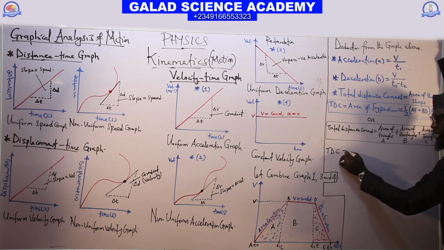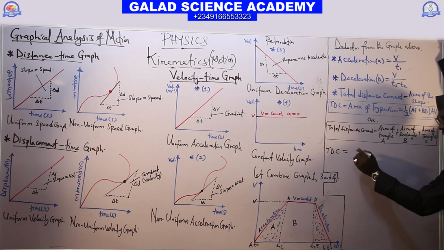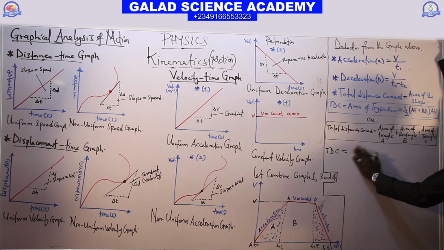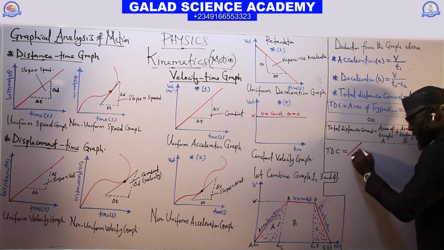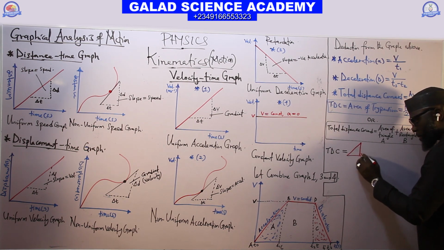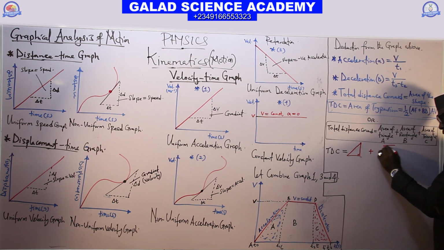So the TDC of this shape, what is the area of triangle A? Please look at it now. This is triangle A. It looks like this. Plus rectangle.